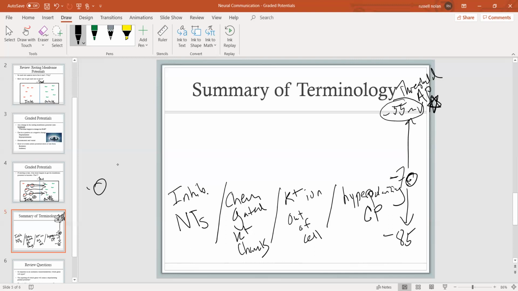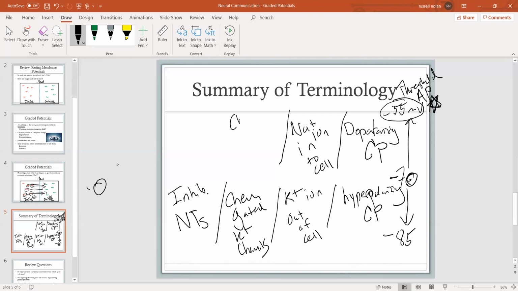Let me just do the other side here. If we're moving towards threshold, this would be a depolarizing graded potential, which is a result of sodium ion moving into the cell, which we know is only allowed by the opening of the chemically gated sodium channels.